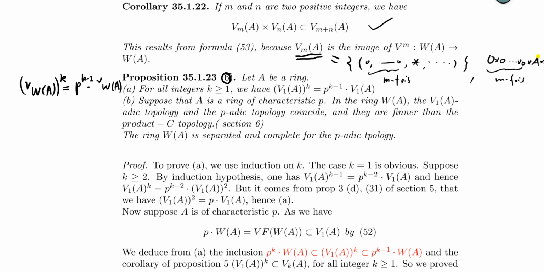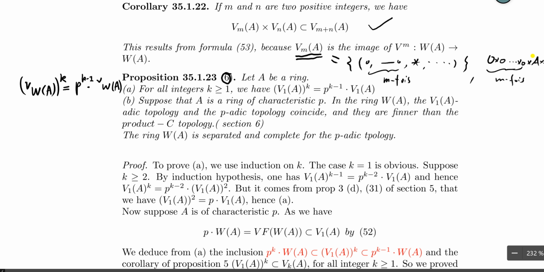You see, V1 multiplied with V1 is inside V2, V2 multiplied with V1 is inside V3. So after k times, it should be inside, for example, Vk. And the right hand side is p times some power of p times V1.